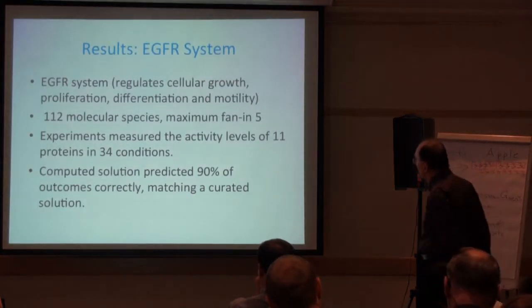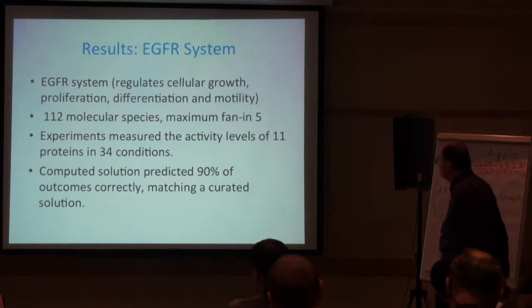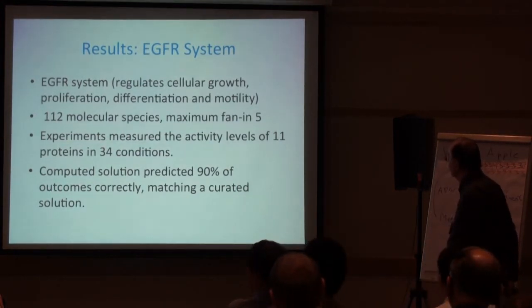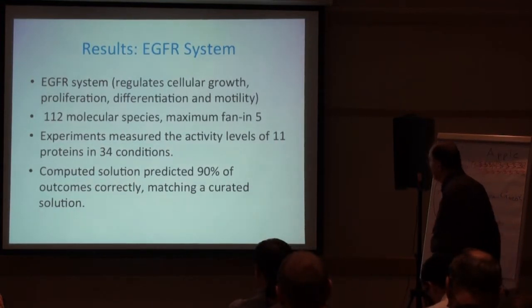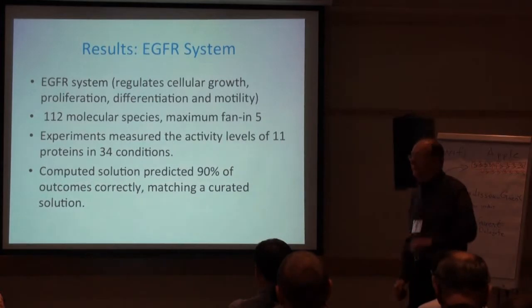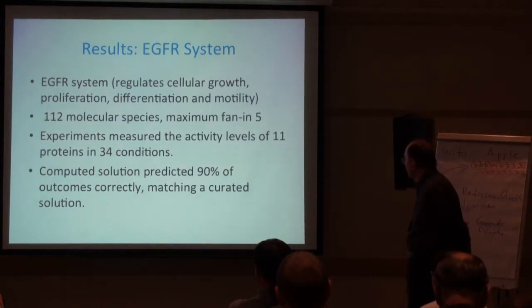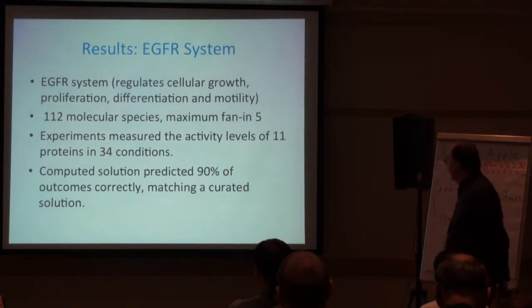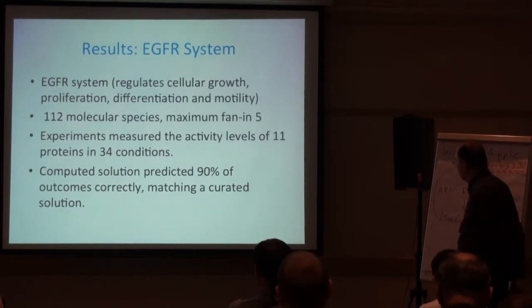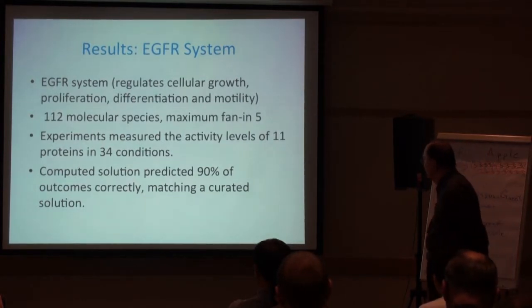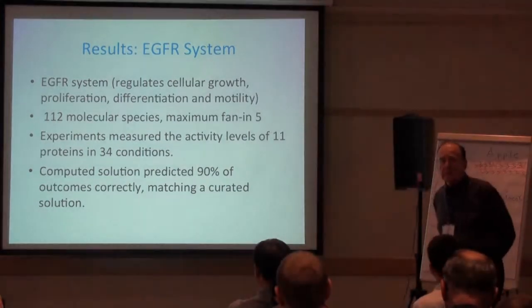One of these is called the EGFR system, which regulates cellular growth, proliferation, differentiation, and motility. It has 112 molecular species, 112 edges, maximum fan-in 5. The experiments measured the activity levels of 11 proteins in 34 conditions.